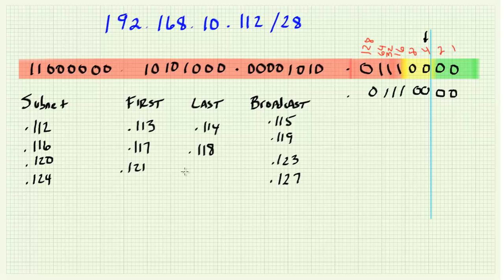The broadcast is .123, so the last host will be .122. For the final one, .124 is the subnet. First host will be .125. Broadcast is .127, so the last host is .126.